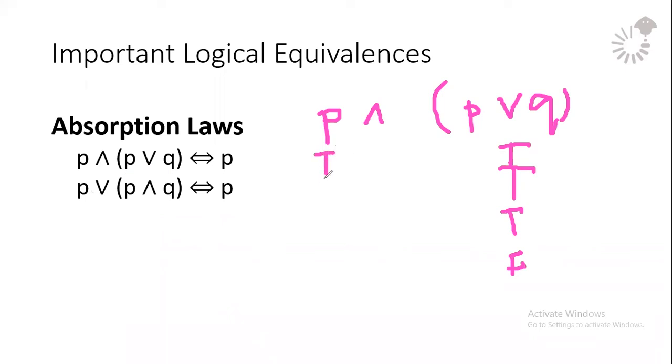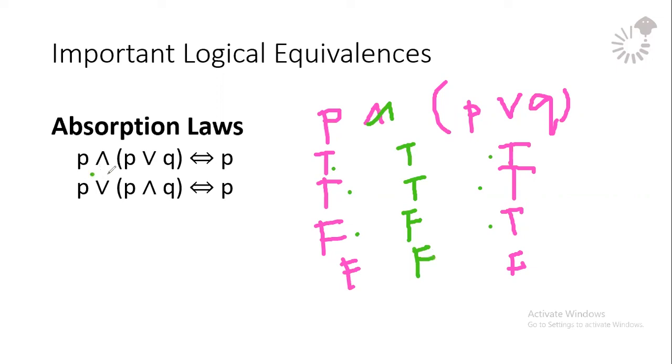That is true, true, false, false. Eh yung dito, yung and nila. For and, true and true is true. True and true is true. False and true is false. False and false is false.